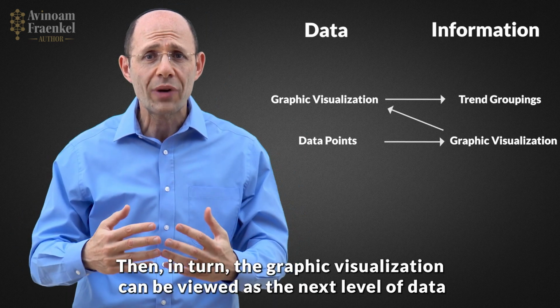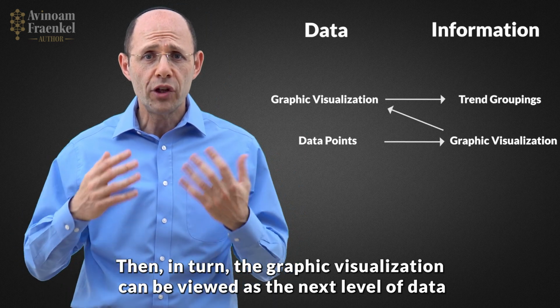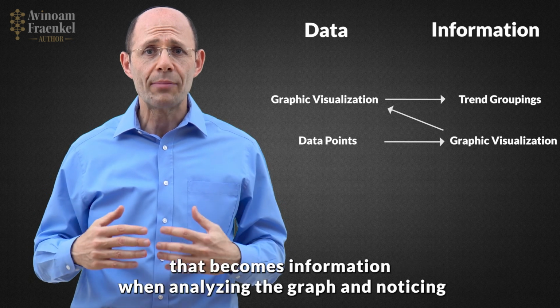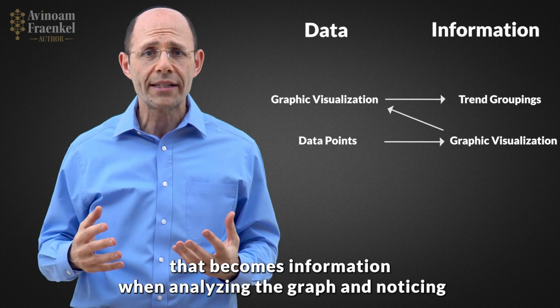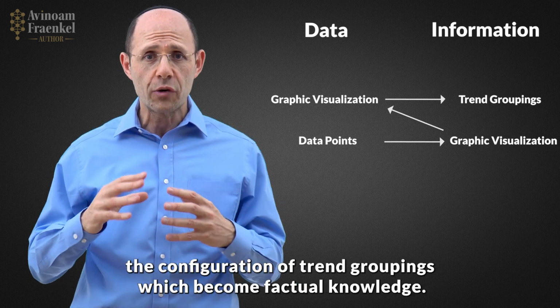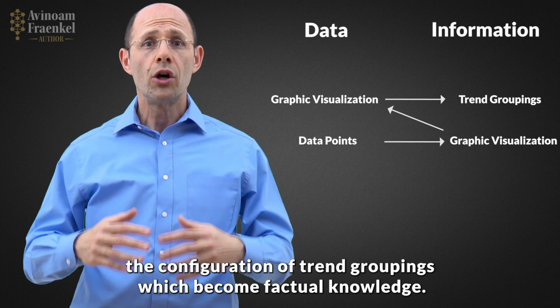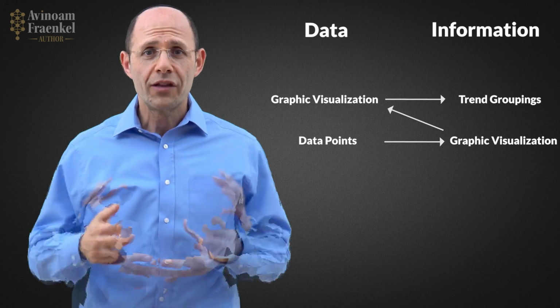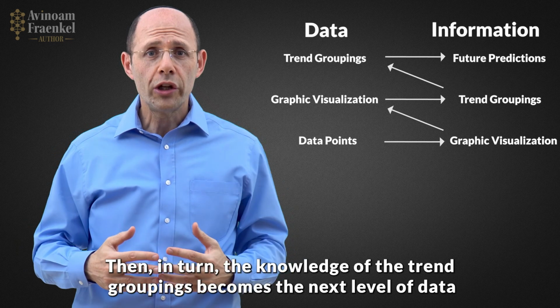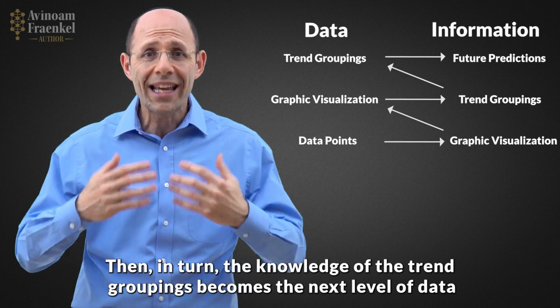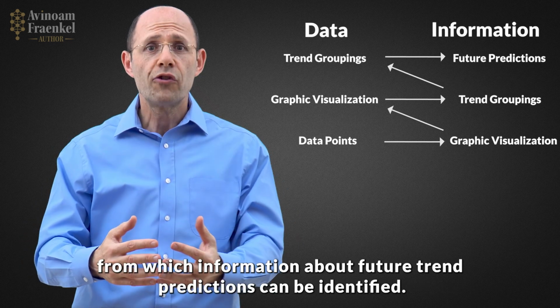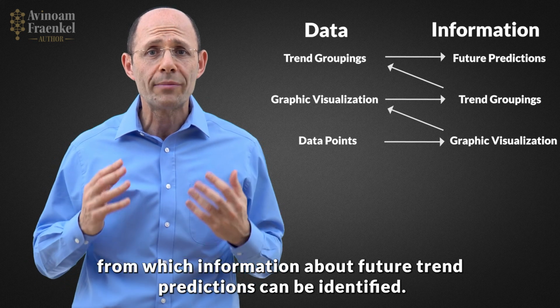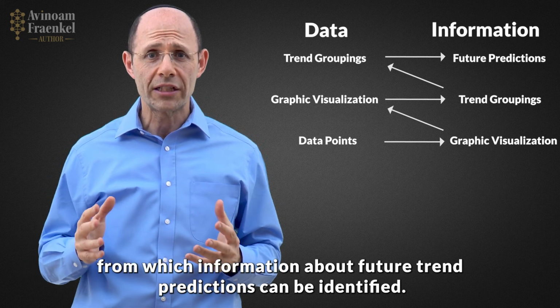Then, in turn, the graphic visualization can be viewed as the next level of data that becomes information when analyzing the graph and noticing the configuration of trend groupings, which become factual knowledge. Then, in turn, the knowledge of the trend groupings becomes the next level of data from which information about future trend predictions can be identified.